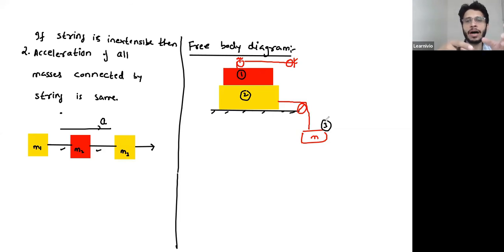Like take mass m1 separately and solve it. Solving mass m1 means calculating all forces on m1 as well as the acceleration of m1. Solving here means calculating forces and accelerations. I can solve mass 2 along with the whole system, or I can solve mass 2 separately. Like I draw mass 2 separately and then calculate the acceleration and the forces acting on it.